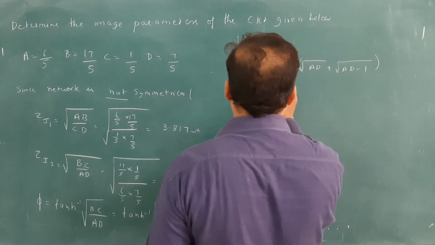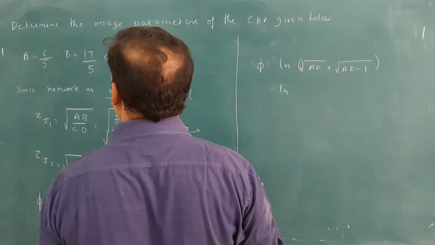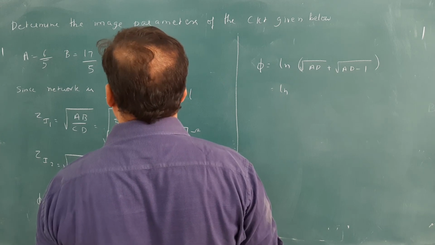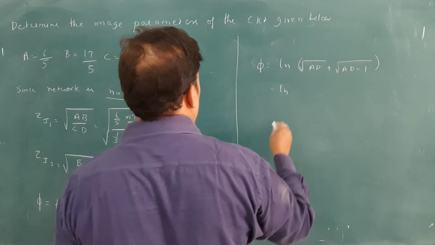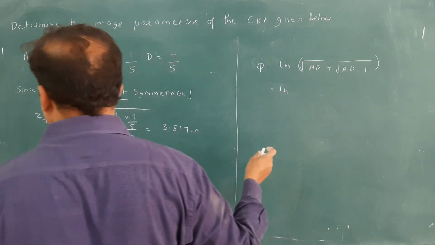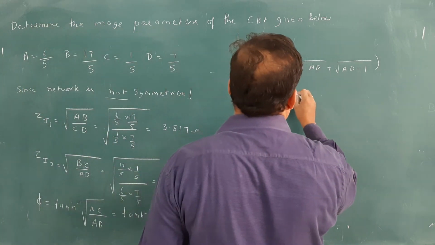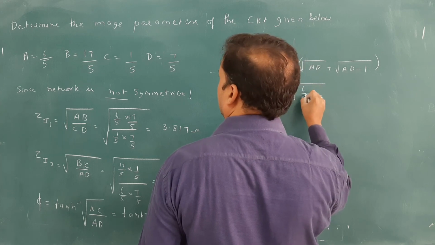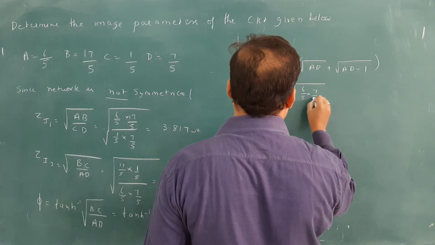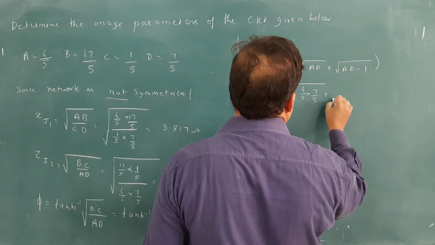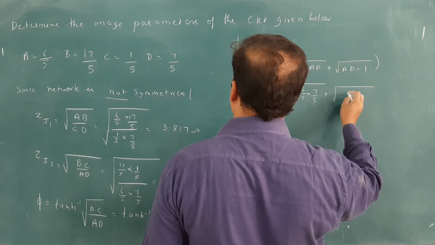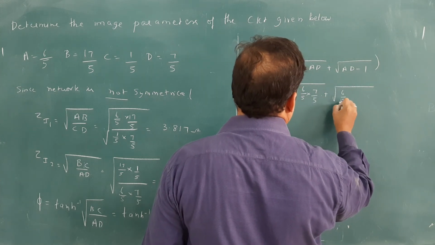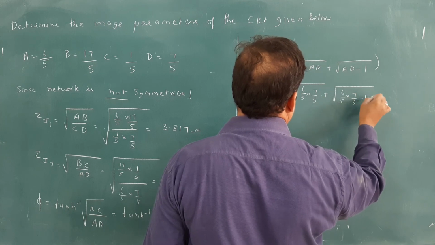What is the value of AD? A into D is 6 into 7 by 5 into 5, so the square root of this is 7 by 5 plus square root of AD minus 1, 6 by 5 into 7 by 5 minus 1.